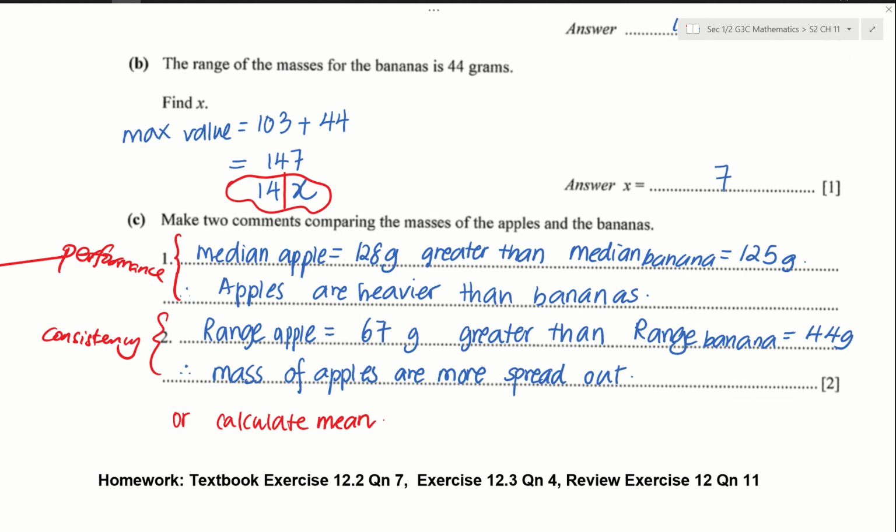Therefore, mass of bananas more consistent. Okay, you can write down what is on the board instead of this also. This is the shortest already. I don't like to state that it's spread out or not. Use the word consistent in your explanation.